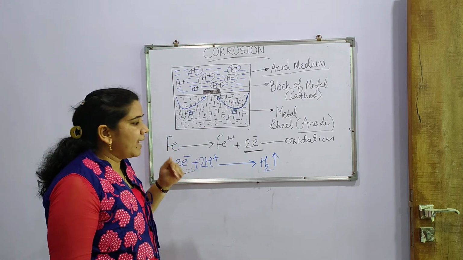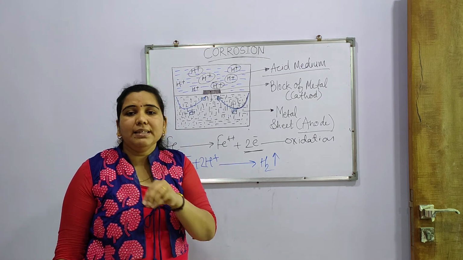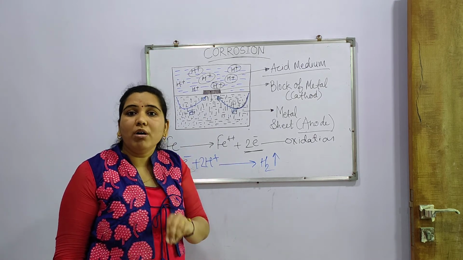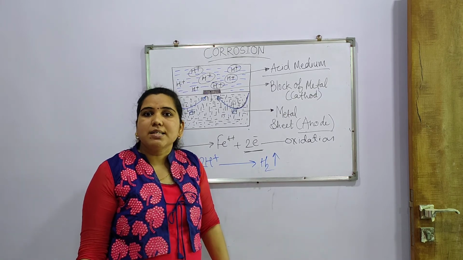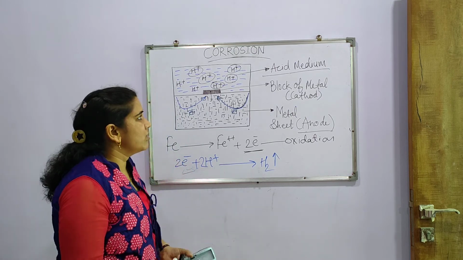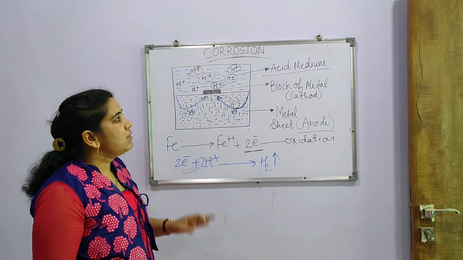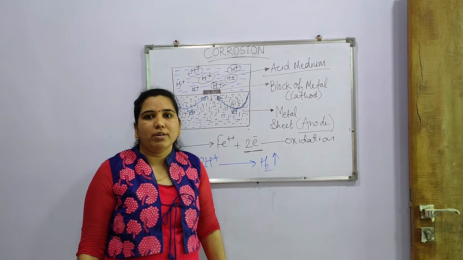Or it can be asked in another way: how does the mechanism of electrochemical corrosion occur by the removal of hydrogen? Both are one and the same question, and the answer is the same. In this way the mechanism of wet corrosion or electrochemical corrosion occurs. Thank you.